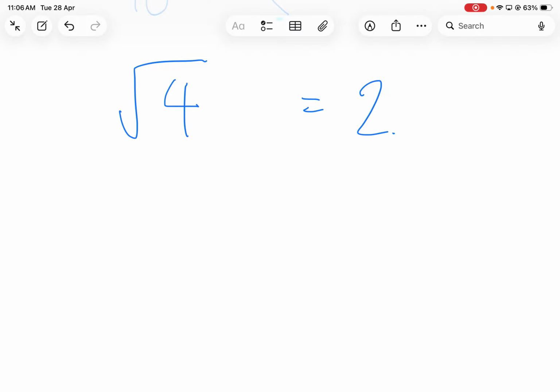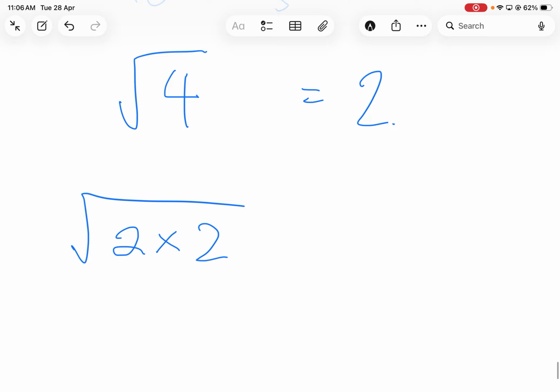When I square root 4, I want to find out what is the number that multiplied by itself gives 4. So going to the most basic, I change 4 into 2 times 2. That's why the square root of 4 is 2. Okay? This is the most basic.